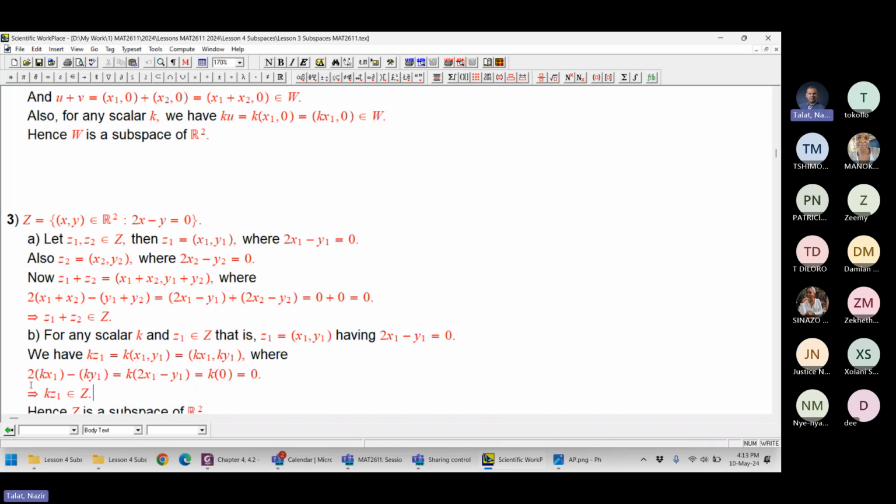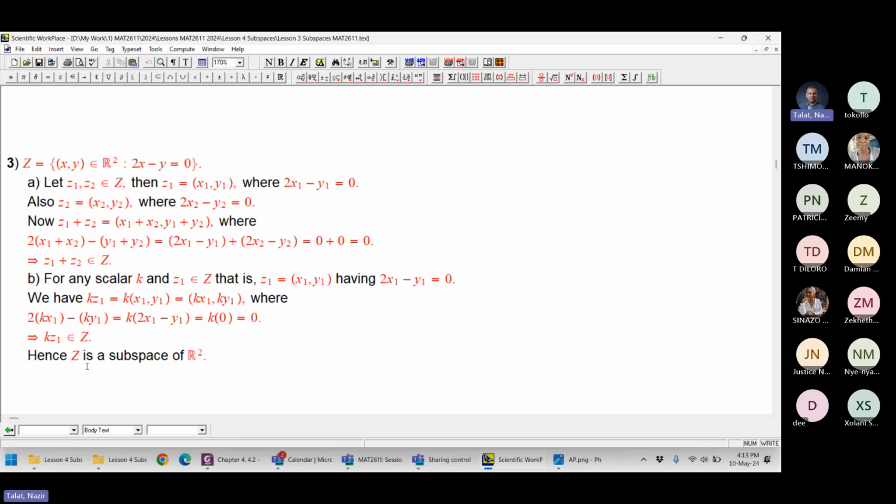Now if we multiply k with the conditional part, then k will be multiplied with each of its elements, and we know that 2x1 minus y1 is equal to 0 as given in the condition. So it will become k times 0, which is equal to 0. And it means that kz1 belongs to Z. Hence, Z is a subspace of R square.